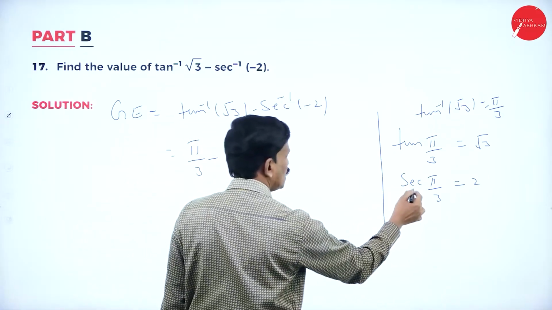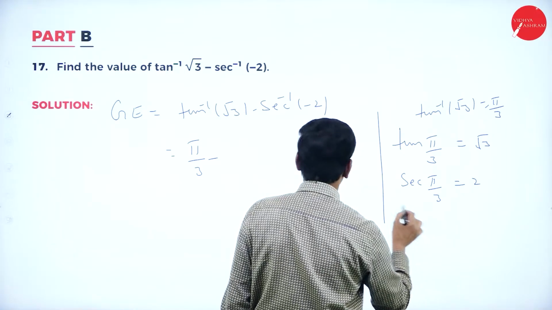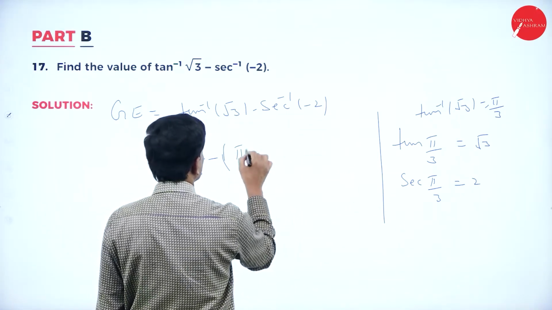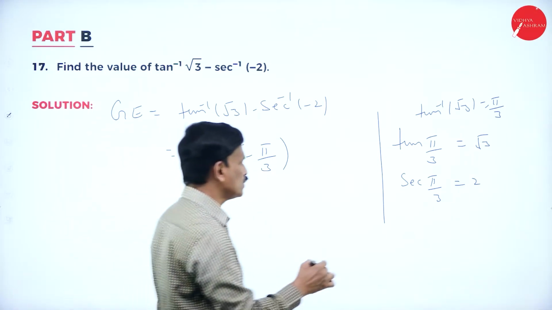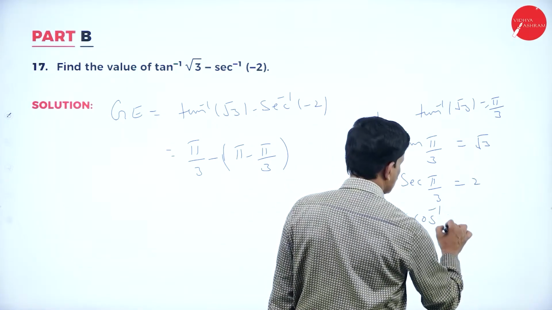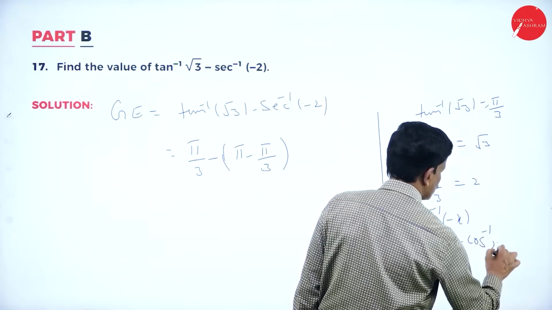secant inverse of minus 2. Since it is negative, we are going to consider it as pi minus pi by 3, since cos inverse of minus x is equal to pi minus cos inverse x.